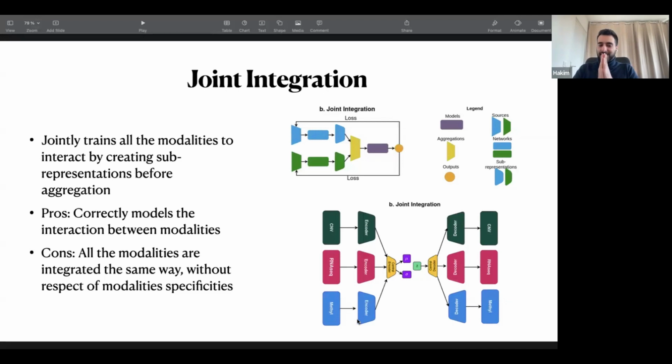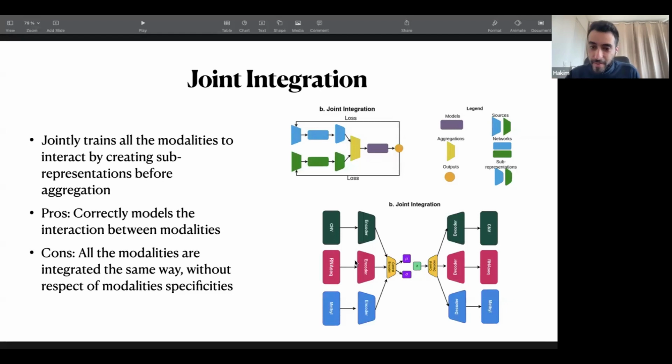Because all the modalities are integrated the same way, everything goes through the same model, everything goes through the same loss, we may have a problem of respecting each modality's specificity.